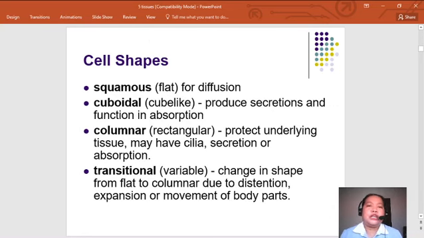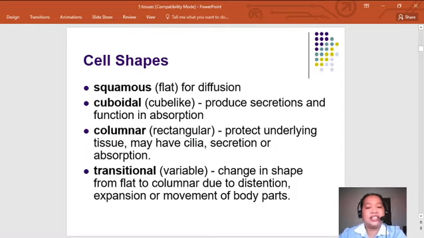Now, epithelium is also classified based on cell shapes. We have squamous, the flat one, which can be found on our skin. Cuboidal, mostly in organs, is shaped like a square and is ideal for secretion. Columnar is rectangular in shape, protects underlying tissues, and may have cilia, which is good for secretion and absorption.